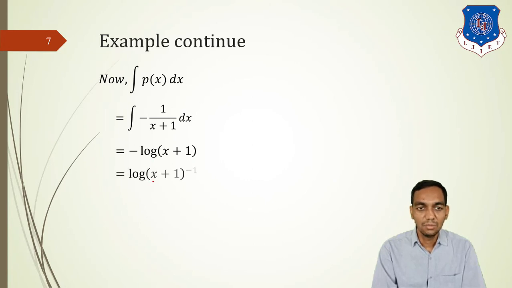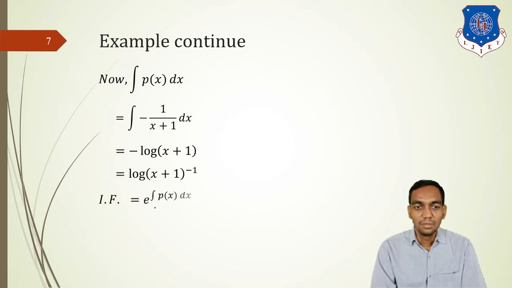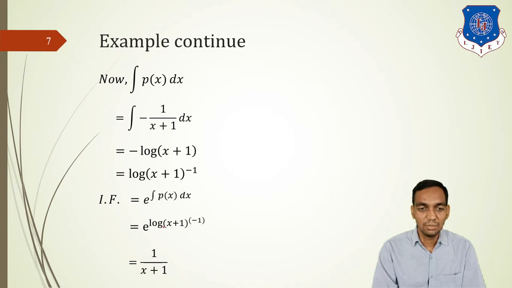And IF is nothing but e raised to integration P(x) dx, that is e raised to log of (x plus 1) raised to minus 1, and that is nothing but 1 upon x plus 1, because e raised to log cancel out, and (x plus 1) raised to minus 1 is 1 upon x plus 1.